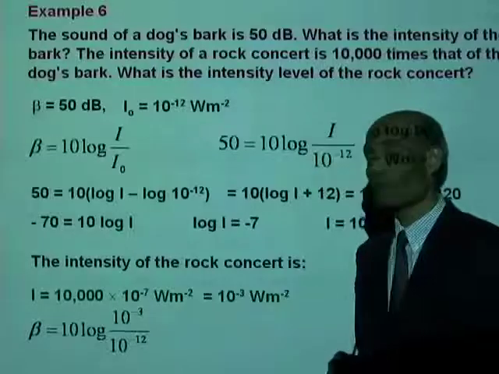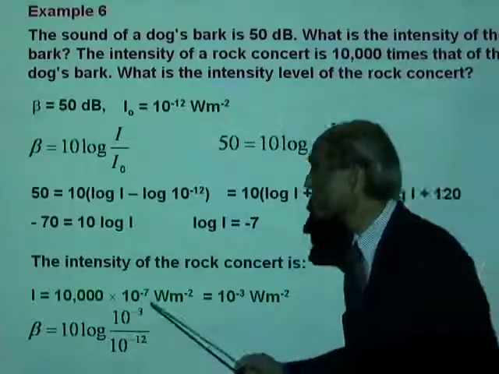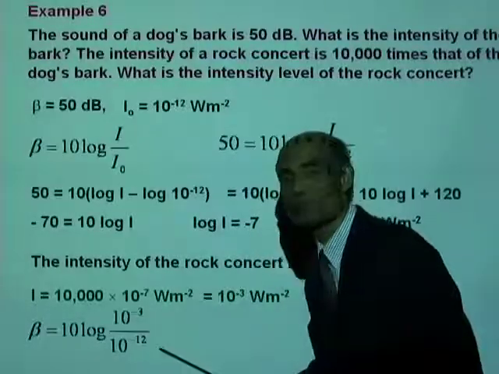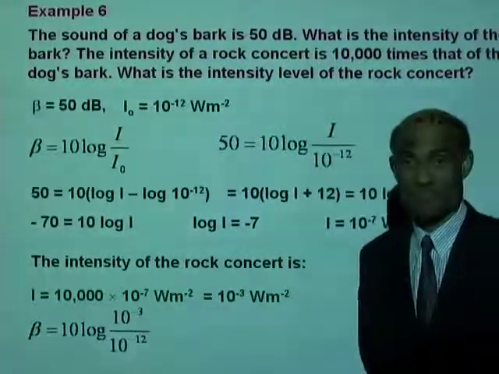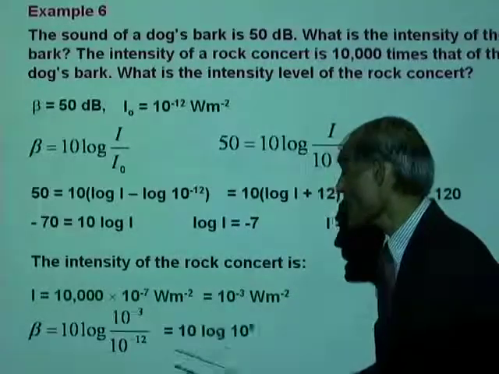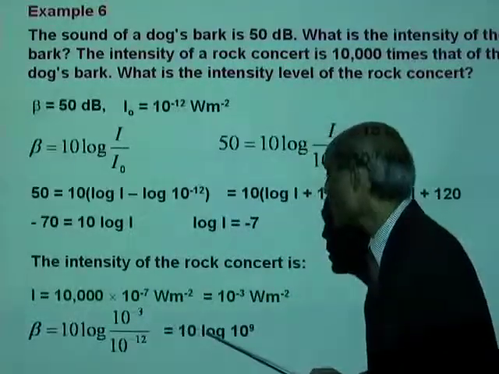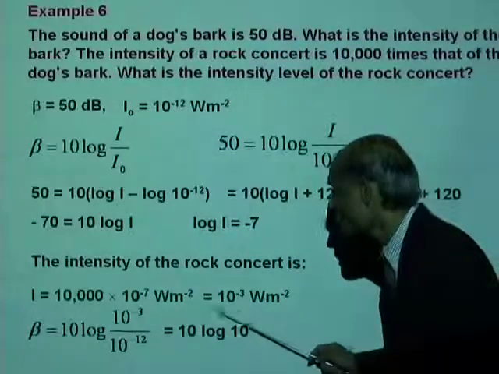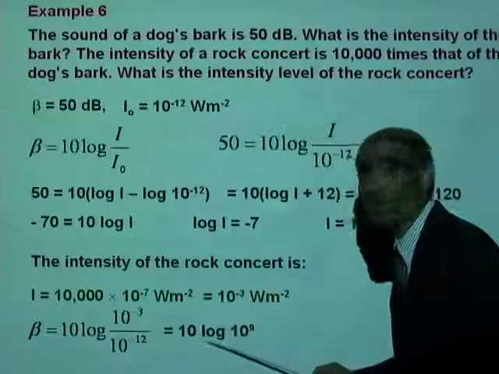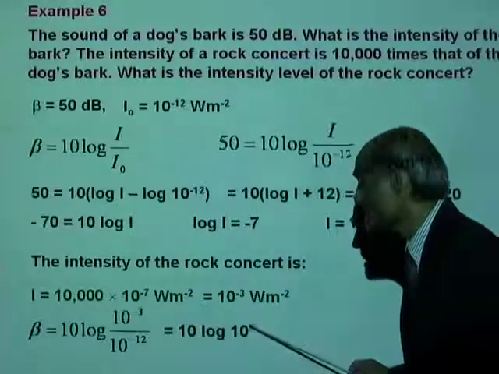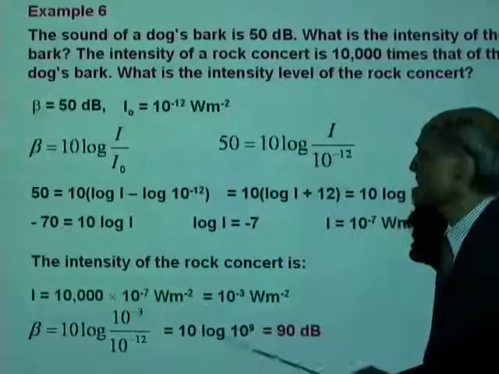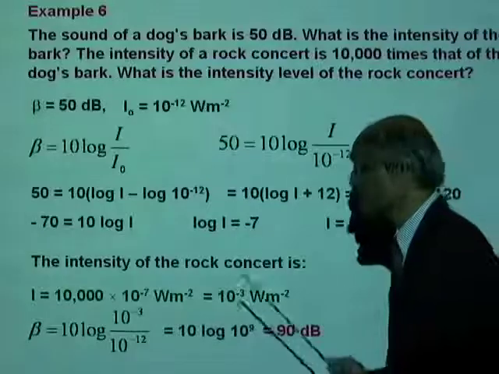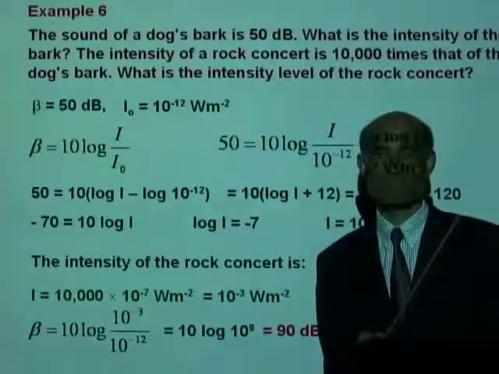I0 is 10 to the power of negative 12. Tell me, what is 10 to the power of negative 3 divided by 10 to the negative 12? That is 10 to the power of 9. So this will be 10 log 10 to the power of 9. What is log 10 to the power of 9? It is 9. So this is equal to 90. The intensity level of the rock concert is 90 decibels.